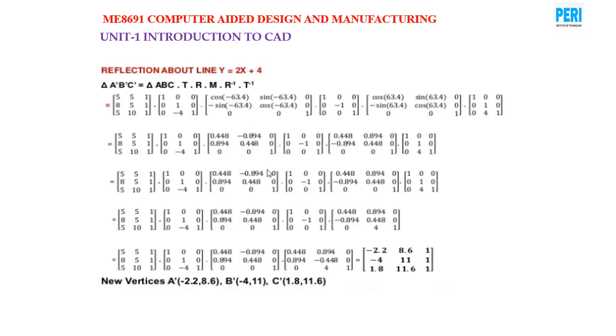Finally we will get the answers: -2.2, 8.6, 1, -4, 11, 1, 1.8, 11.6, 1. So the coordinate points are (-2.2, 8.6), (-4, 11), (1.8, 11.6). This is the way we have to approach while solving the problems. Okay, thank you.